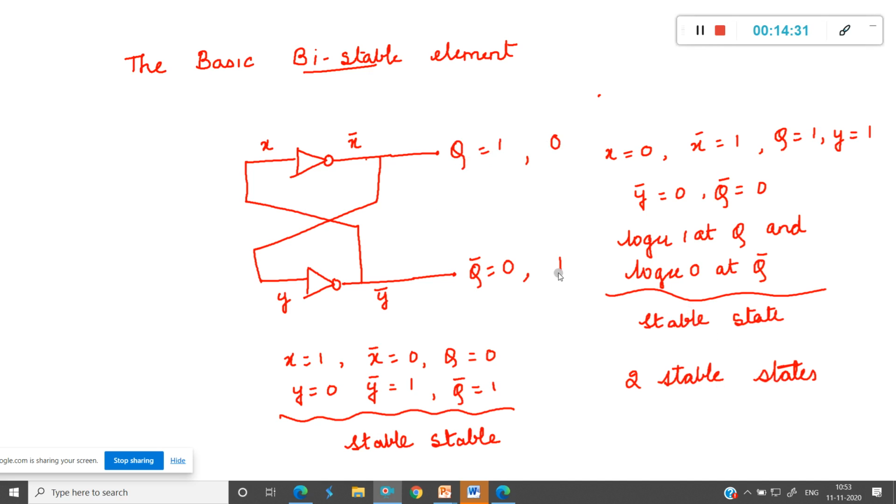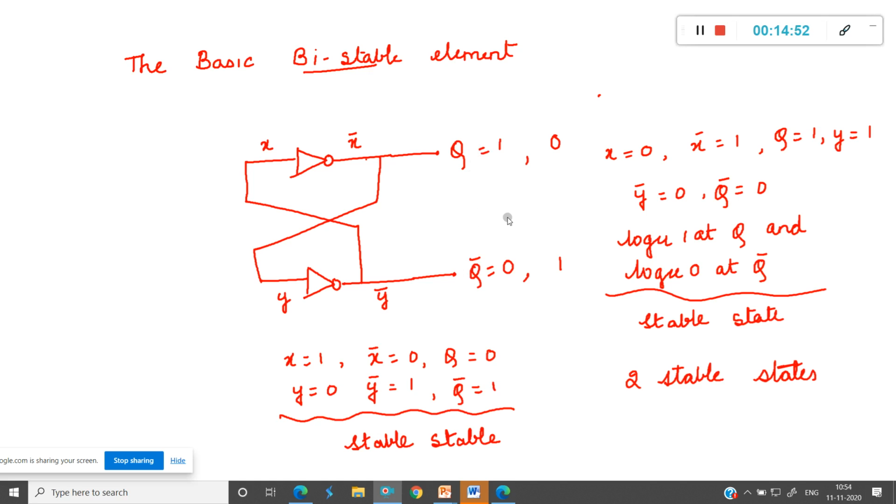Okay. There is one more equilibrium condition that exists. That equilibrium condition occurs when the two output signals Q and Q bar are about halfway between logic 0 and logic 1.